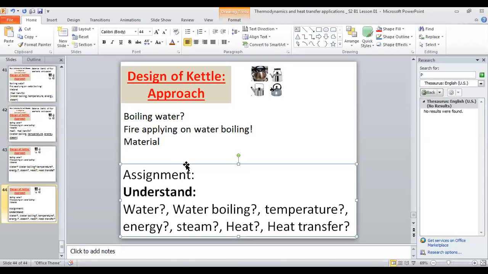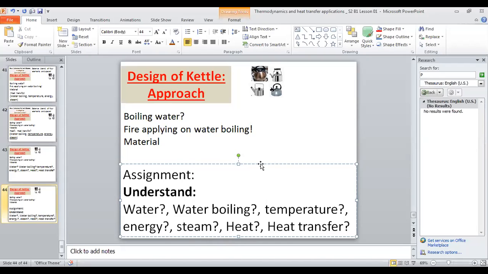It's okay to have equations, but okay to have words, whatever, but I want to make sure that you understand this. And if you understand this, half of the thermodynamics knowledge is done.